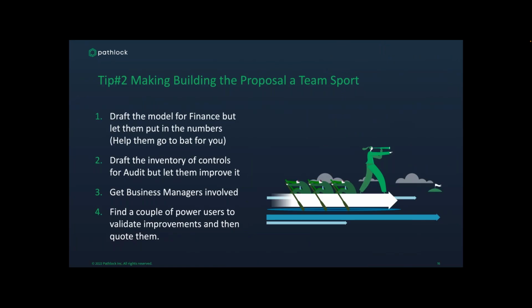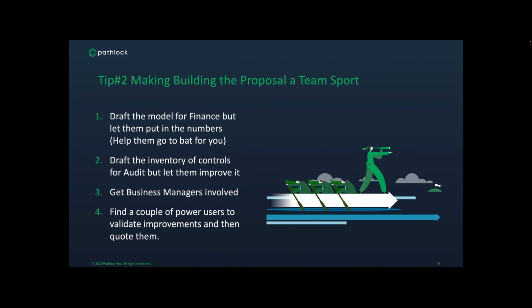The second tip that I wanted to touch on was making it a team sport. Too often, when I looked at proposals, I've seen that folks haven't engaged the finance folks. So even though they have a really strong set of metrics, no one's believing those metrics because finance didn't put their numbers on it. Finance didn't feel like they were part of the interviews.